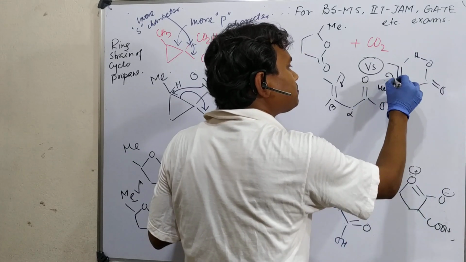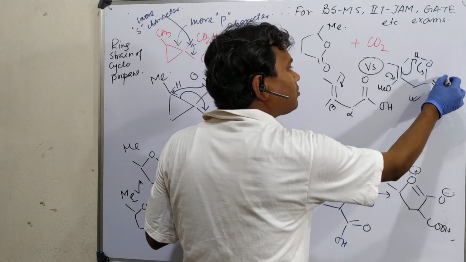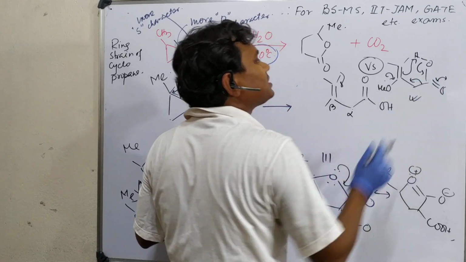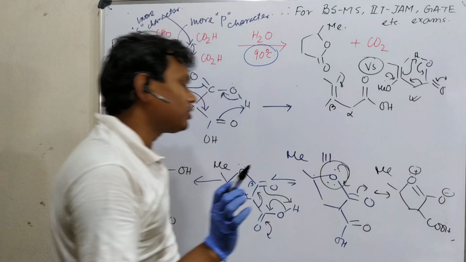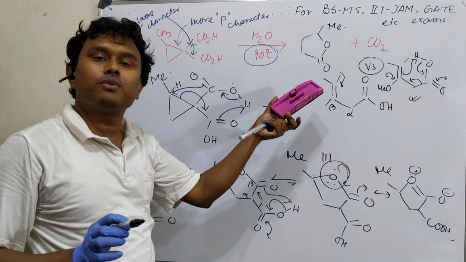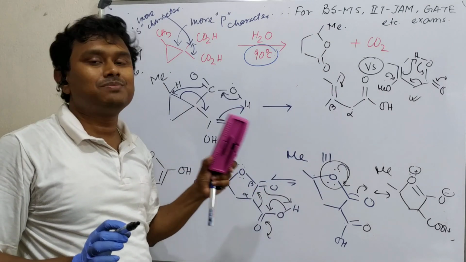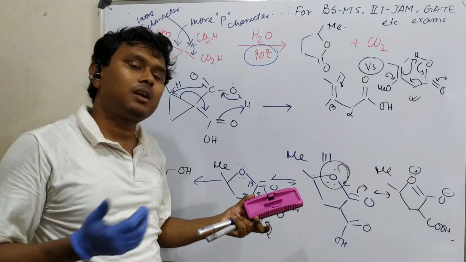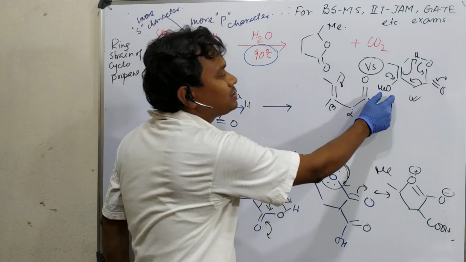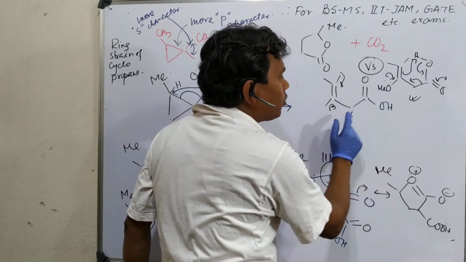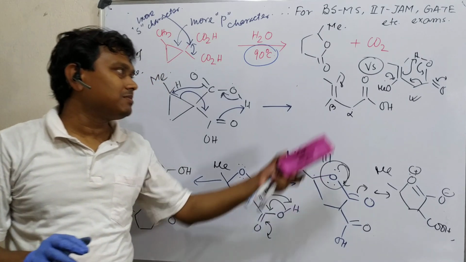Okay, so this pushes electron, which helps to abstract the proton and form the 6-member transition state. Okay, so this is important. So this information is actually not involved or necessary for this example, but I believe you should keep this information in mind also, because you don't know what type of problem can come. And in this comparison, this OMe is far more reactive compared to this. Okay, this example you also just try to understand because of this.